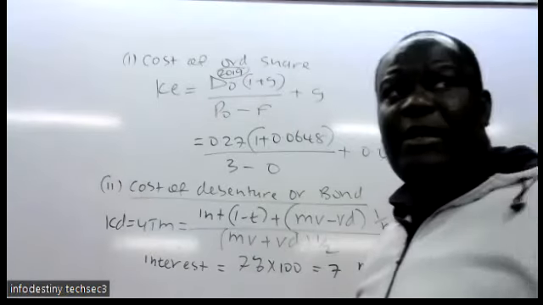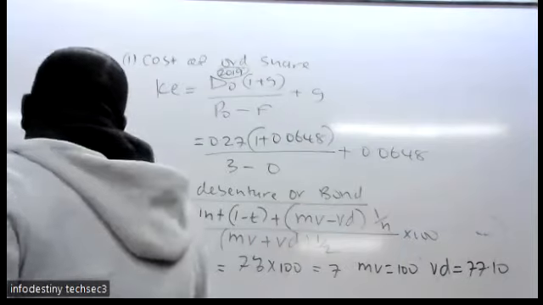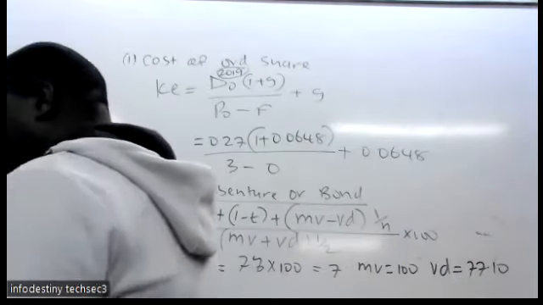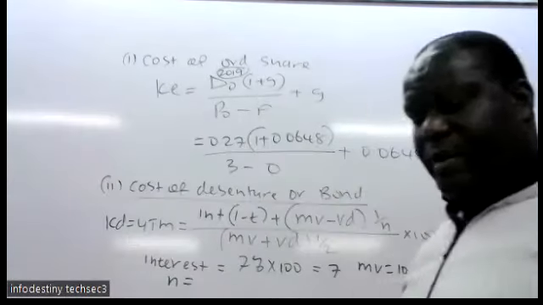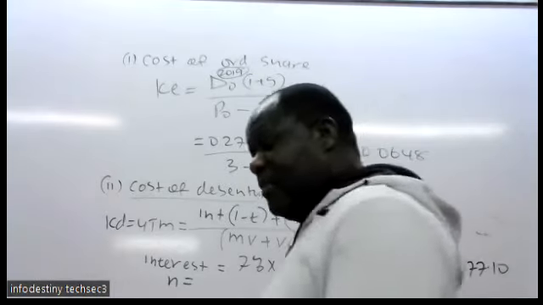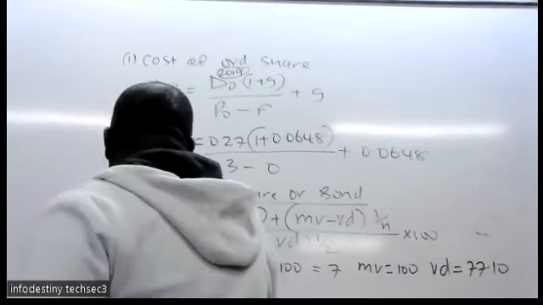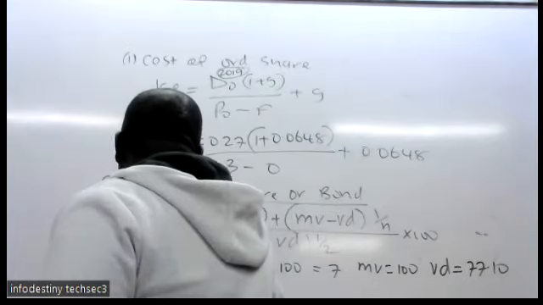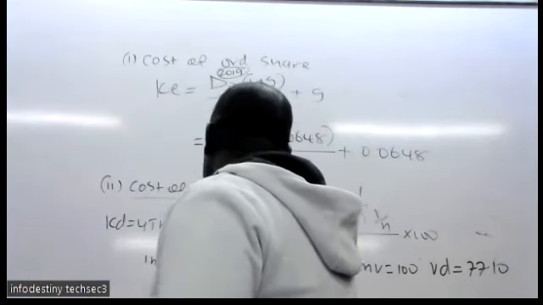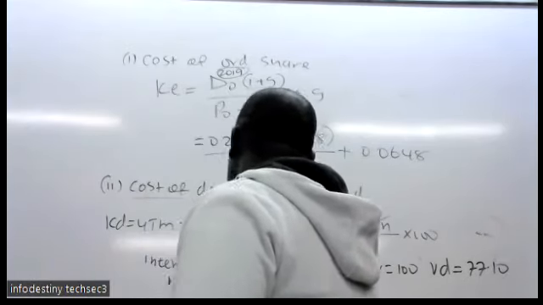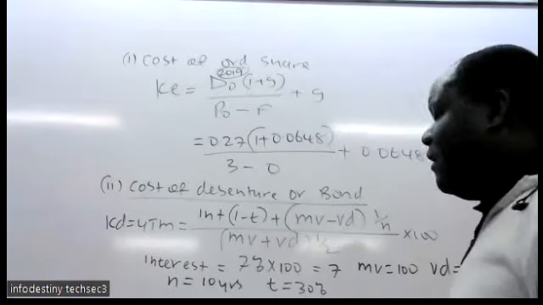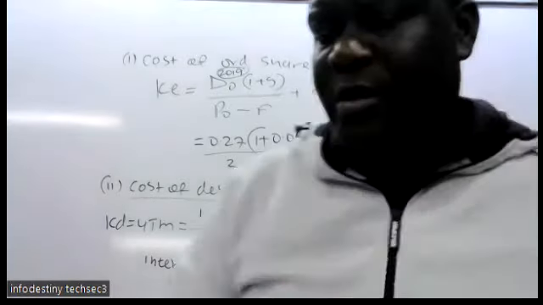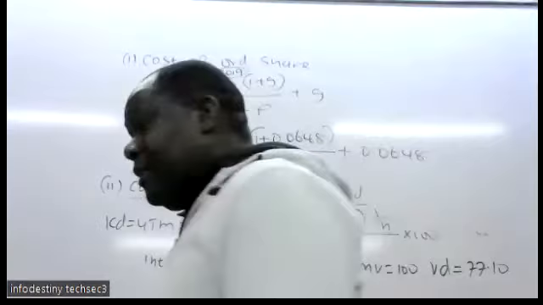Then n is the maturity period, given in note number 2 as 10 years. Then the corporate tax rate was given as 30%. So from there, we compute our yield to maturity.